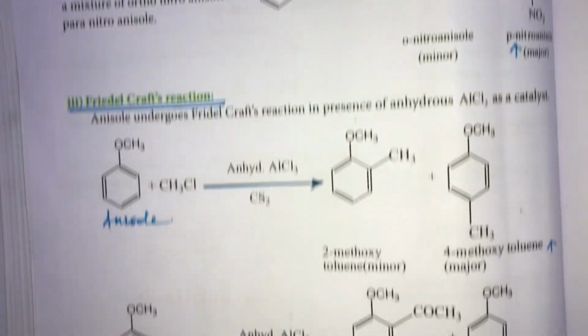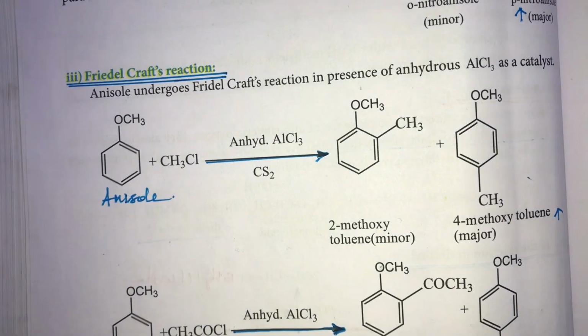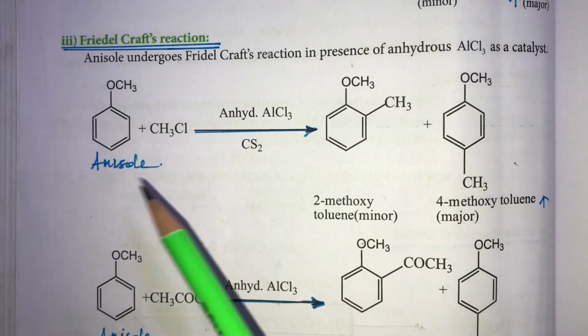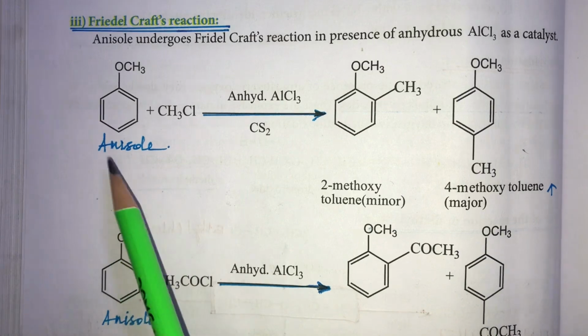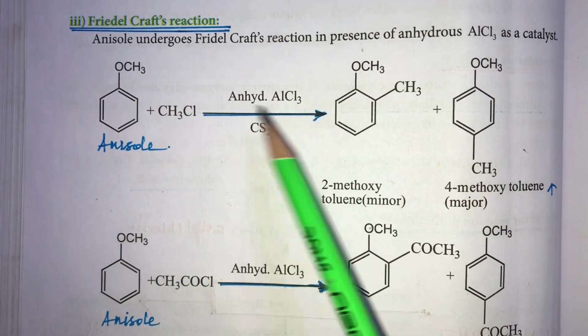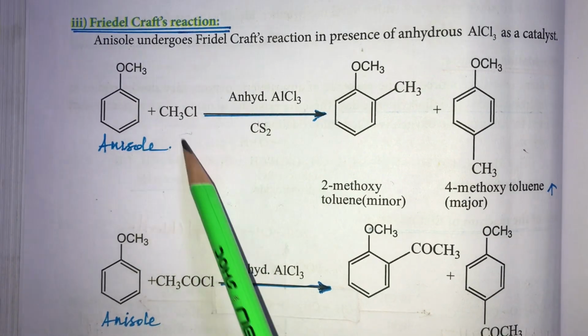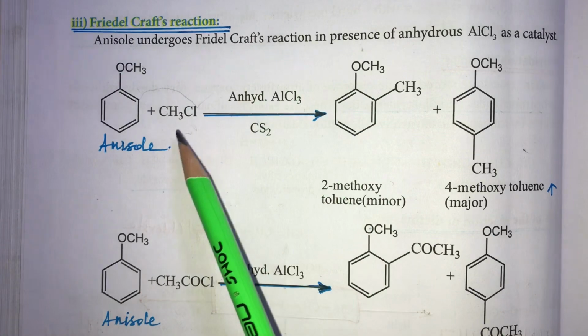Next one is very important: Friedel-Crafts alkylation and acylation of aromatic ether, that is anisole. Anisole on alkylation, anisole on acetylation. Anisole in the presence of carbon disulfide and anhydrous aluminum chloride. Here in methylation, H and Cl react and are removed as HCl.